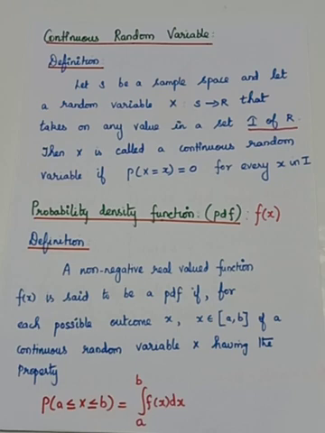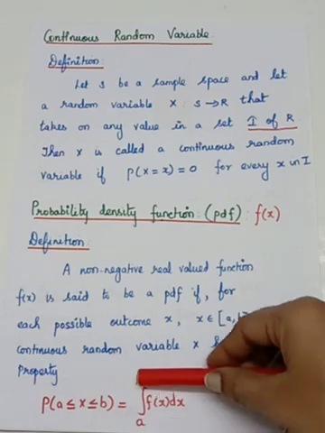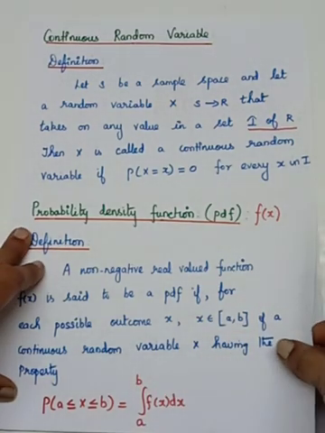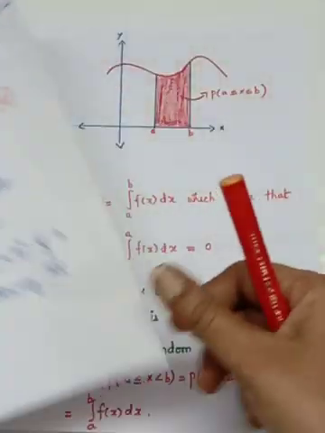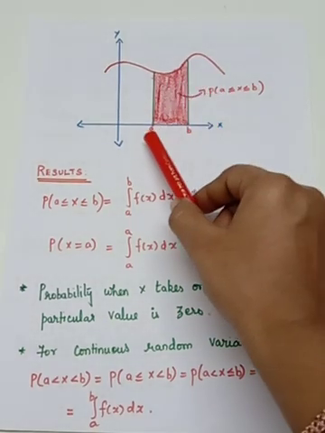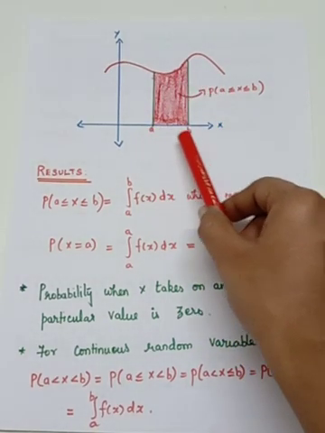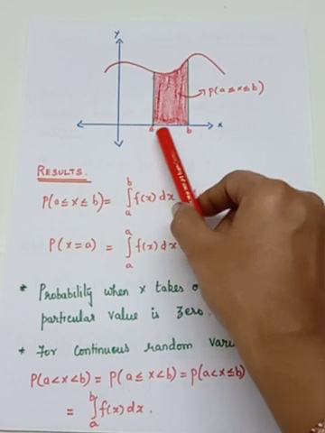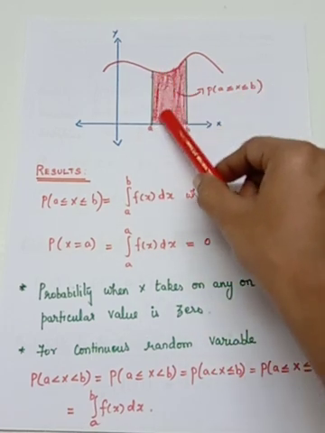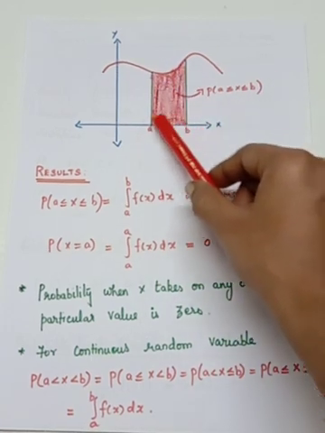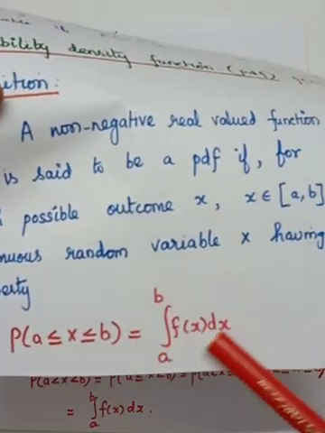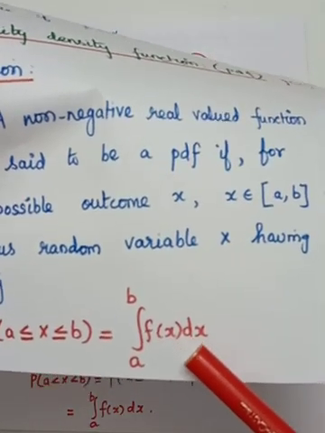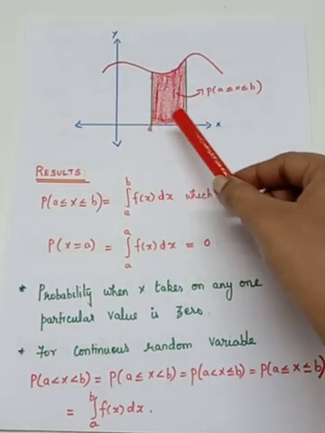In the integration chapter you have studied the integral from a to b of f of x dx. On the interval a to b, this is the area under the curve within the limits a to b.